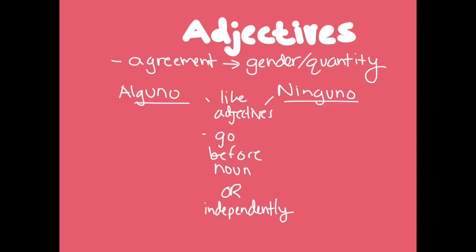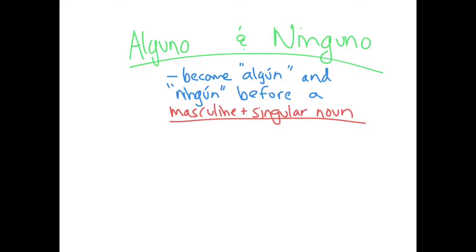So with these specifically, whatever noun you are describing, the endings are going to reflect that when you choose alguno or ninguno. But there are some special rules that we have to keep in mind with these two that can be a little bit tricky. So alguno and ninguno become algún and ningún before masculine and singular nouns.